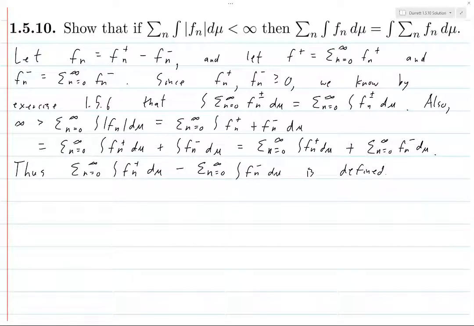The subtraction would be undefined. But since both of these things are finite, we can subtract them and everything works out fine. And in fact, I think this is really too much. I don't think we need this thing to be finite. I think we need to have either this first sum is finite or the second sum is finite. And once you have that, the theorem should still hold.